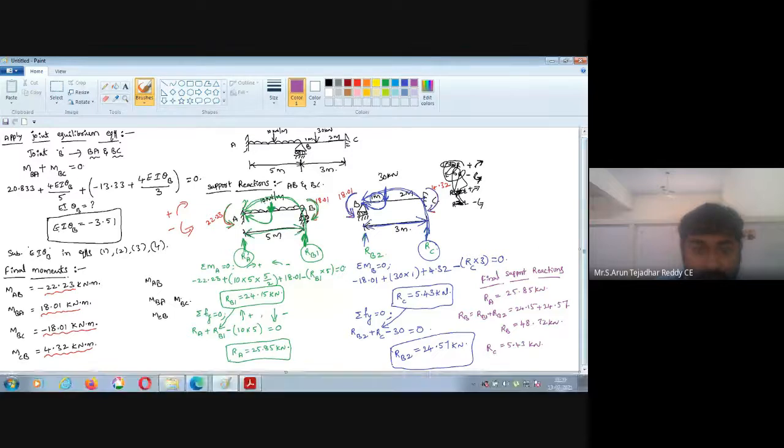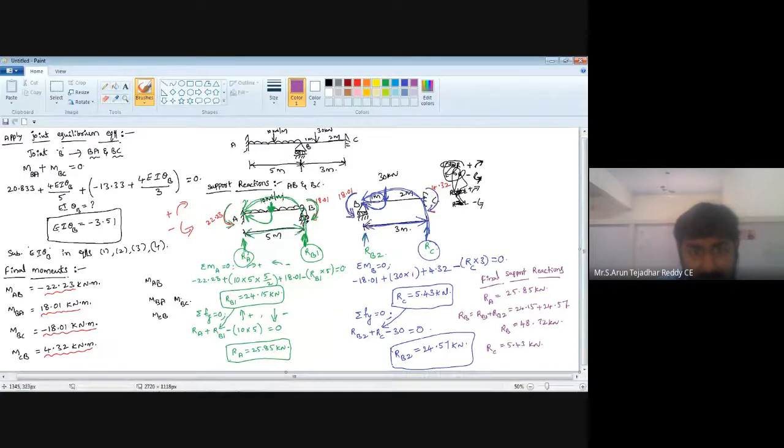See, the slope deflection method is very easy. If you are facing any difficulty in the slope deflection method, you can ask me. I'll explain clearly, no problem. See, if you learn one problem, then all problems are equal. You just have to remember the formulas, that's it.